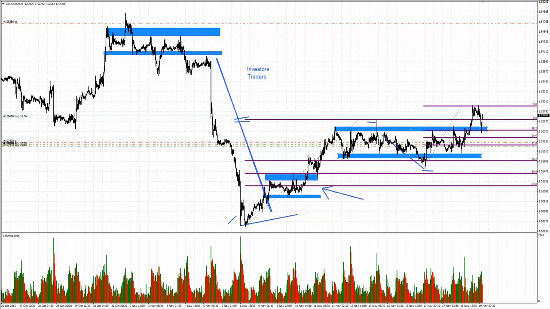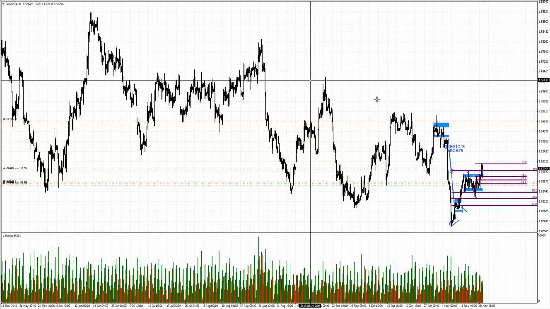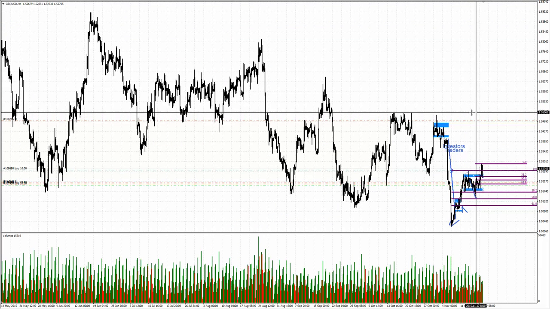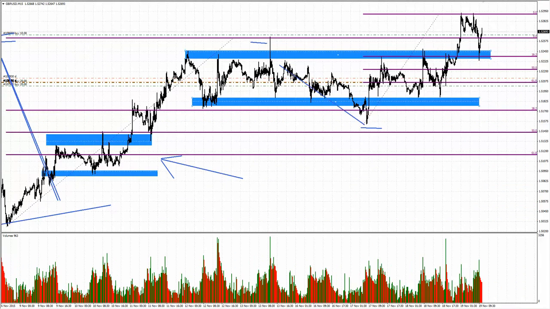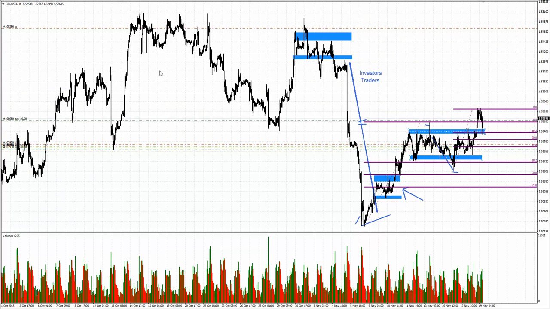My first target is the area of these swing highs, this resistance around 1.4150. I added a smaller position on the retest here, with a stop loss. It's pretty much the area where I bought these 2 positions yesterday. So that's about the pound. Pretty bullish on the pound.